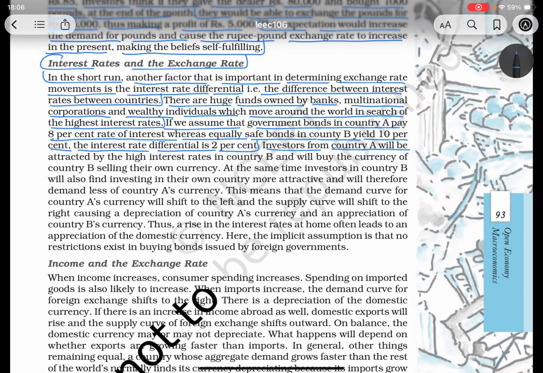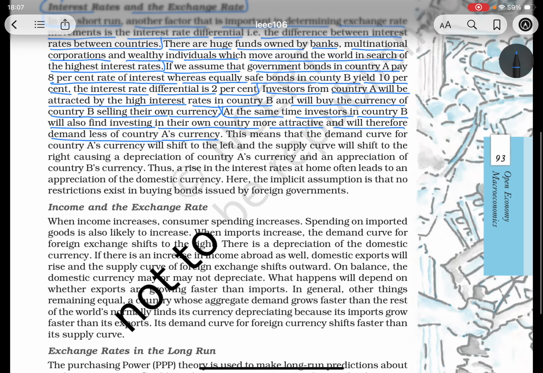Investors from country A will be attracted by the high interest rates in country B and will buy the currency of country B, selling their own currency. At the same time, investors in country B will also find investing in their own country more attractive and will therefore demand less of country A's currency.